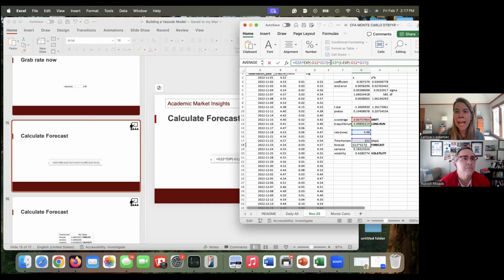Then, thinking of that as our drift, we're going to add into it our long run, which is the 4.498, and then discount it back, always discounting everything back.